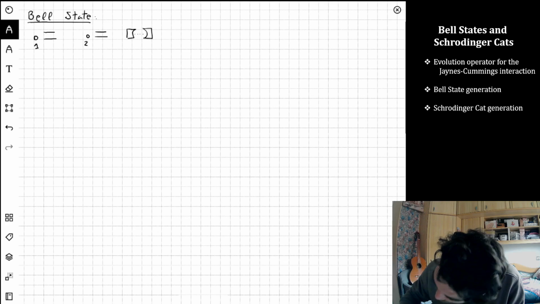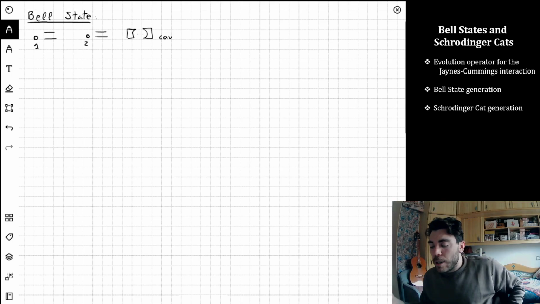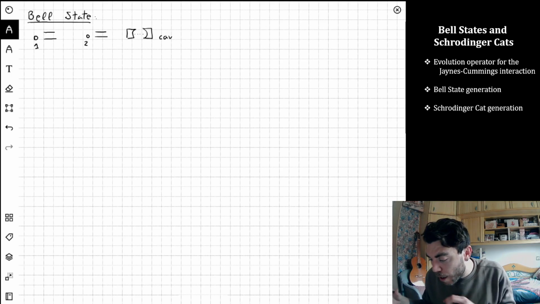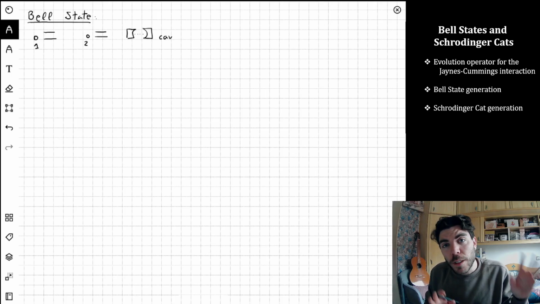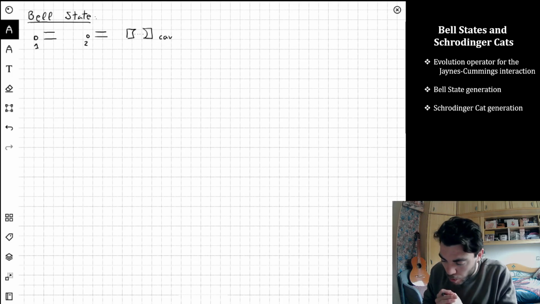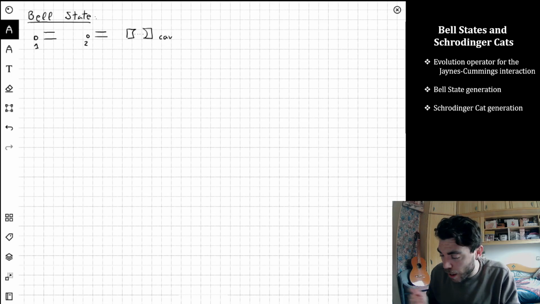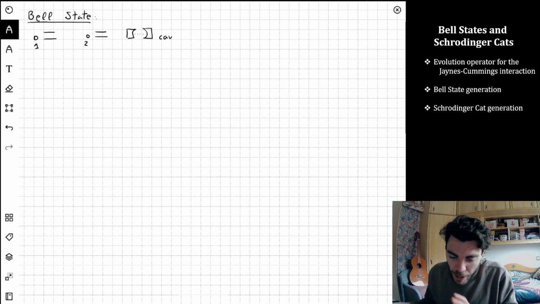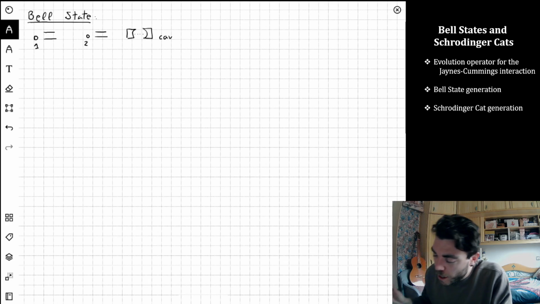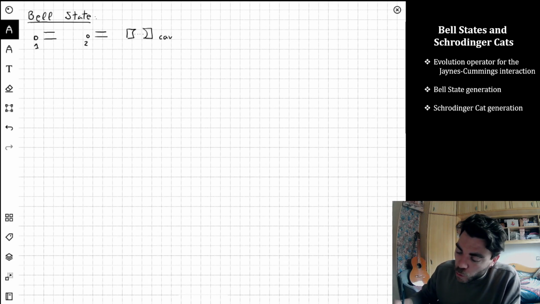And what we need is to be able to make the cavity interact in resonance with each atom independently. So we are not going to have the situation in which both atoms are interacting with the cavity. That's a different problem. But we are going to be able to make atom 1 interact with the cavity, and atom 2 interact with the cavity.